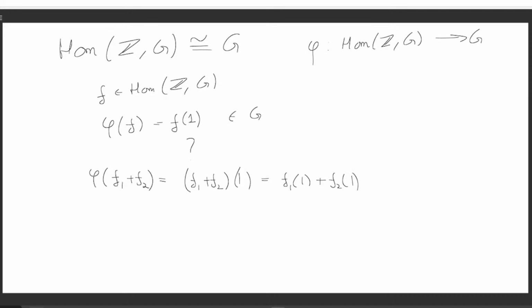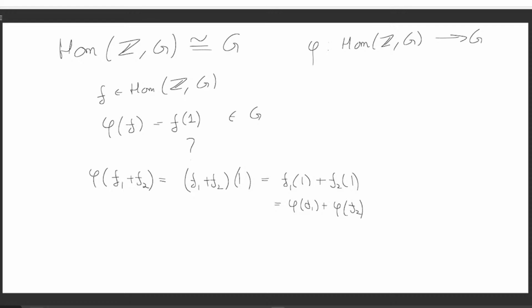That is of course phi of f1. This follows by definition. The only question is whether the definition makes a group or not. So by definition, this follows. It is phi of f1 plus phi of f2. Okay, so it's a group homomorphism. Fine. Yeah, it is a group homomorphism.